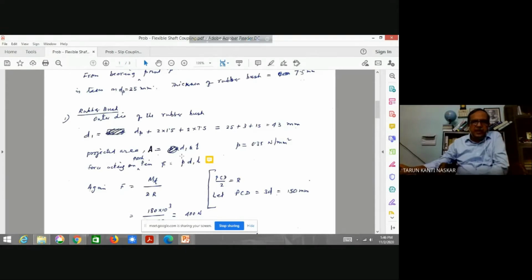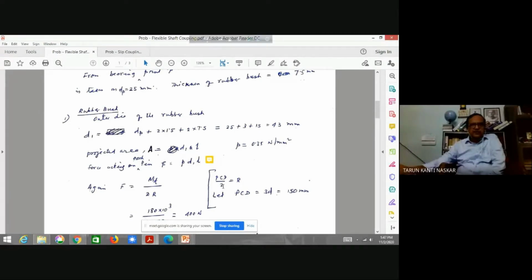So the projected area for the bearing is D1 multiplied by L, and P is 0.35 Newton per millimeter square, that is given. So the force acting on each pin F is equal to P D1 L. This is the equation for calculating the bearing pressure. Now another equation of F is MT by Z into R, where R is the pitch circle radius.